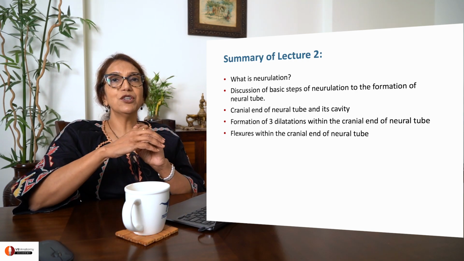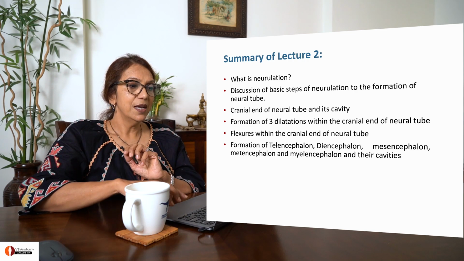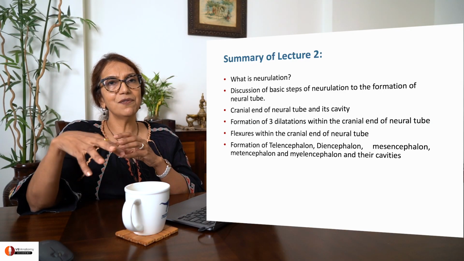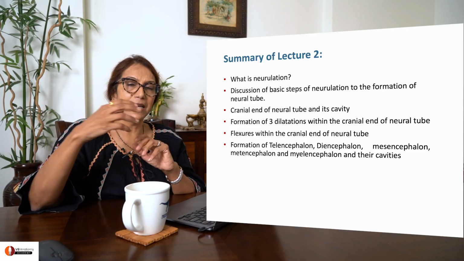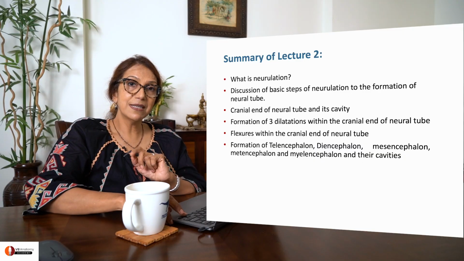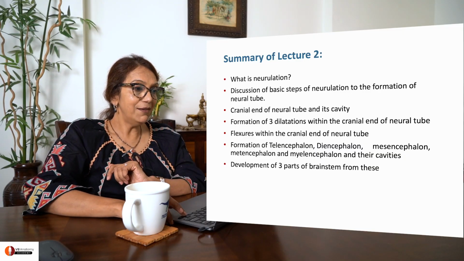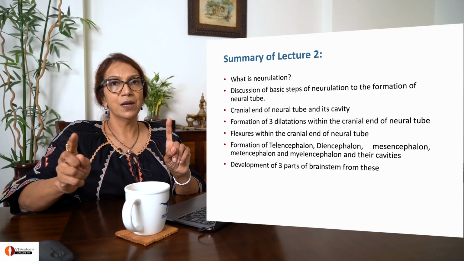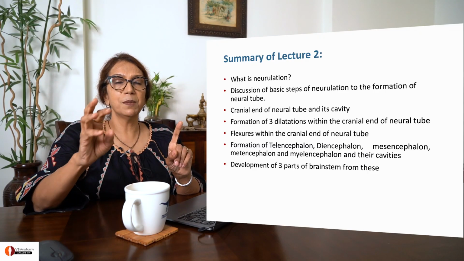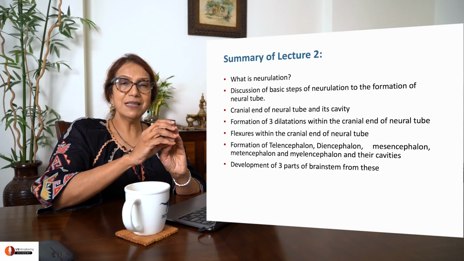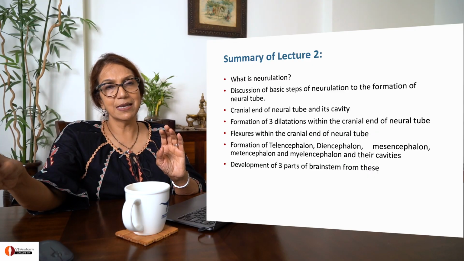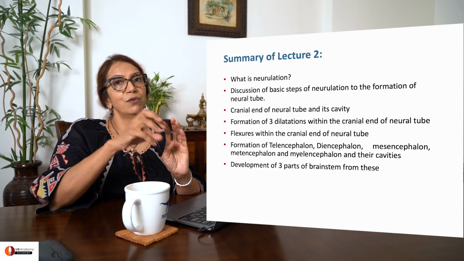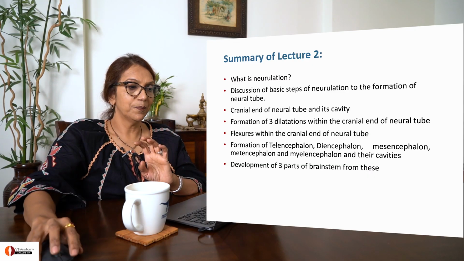With the help of flexures, we further subdivided it into prosencephalic, telencephalic, mesencephalic, various dilatations, and we discussed the cavities till we finally decided which part forms which part of the brainstem. So we discussed how the mesencephalon forms the midbrain, how the metencephalon forms the pons and cerebellum, how the myelencephalon forms the medulla oblongata.